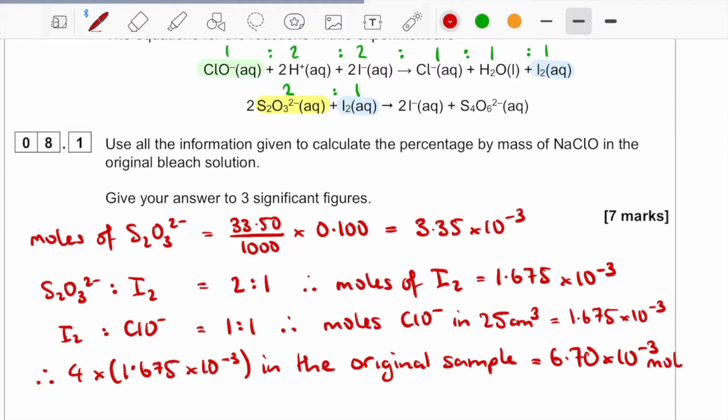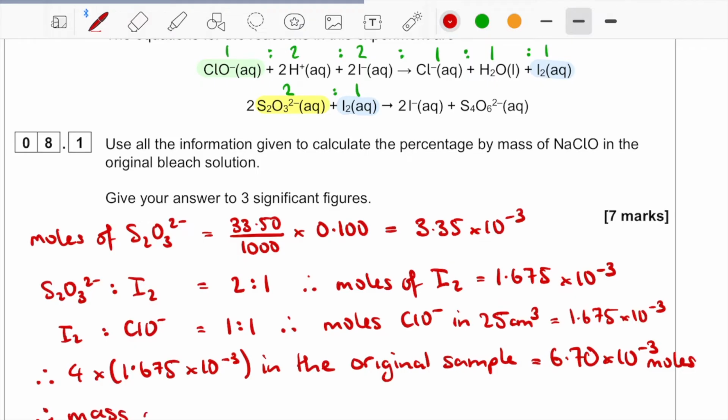Now we have the number of moles of chlorate ions in the original sample. We know that the molar ratio of chlorate ions to sodium chlorate 1 is 1:1. So if we have 6.70 times 10 to the minus 3 moles of chlorate ions, then we have 6.70 times 10 to the minus 3 moles of sodium chlorate. So therefore, we can work out a mass because we can use moles times MR as mass.